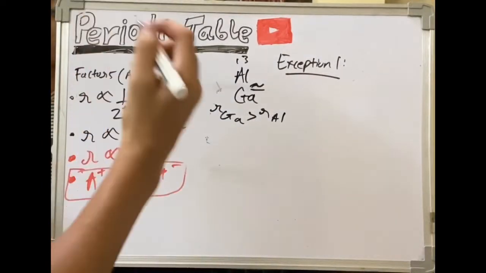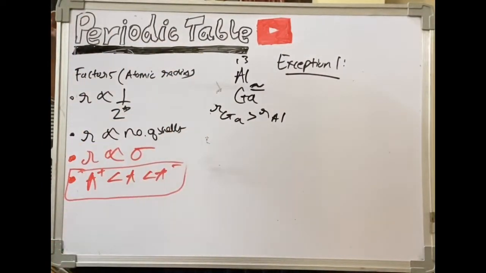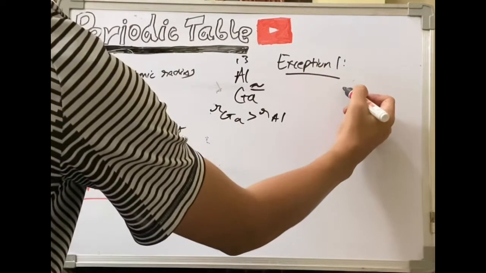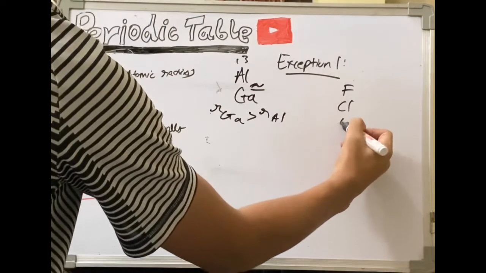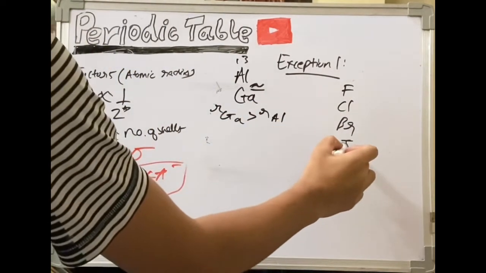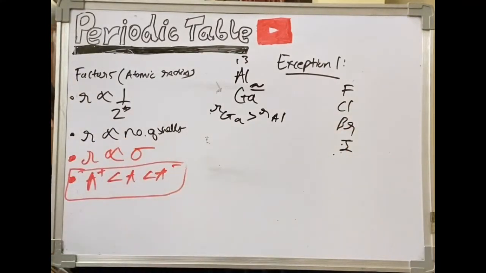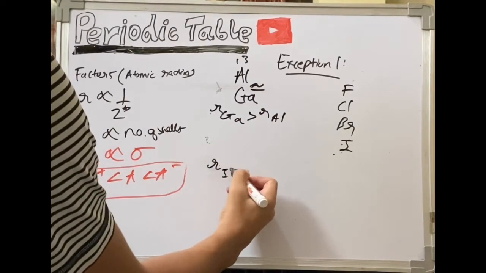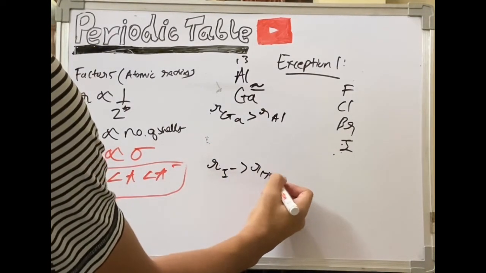Now remember the exceptions very well, because I'm 100% sure that they will ask at least one exception in the exam. So the second exception is in the halogen series. We all know that it is F, Cl, Br, I. So here the radius of iodine should be more than bromine, chlorine and fluorine. That's true, but in between, hydrogen is there.